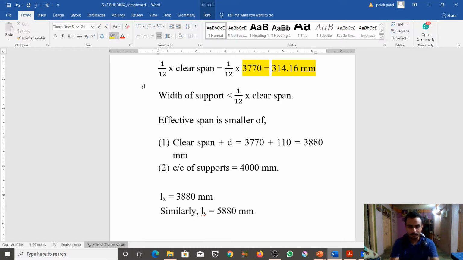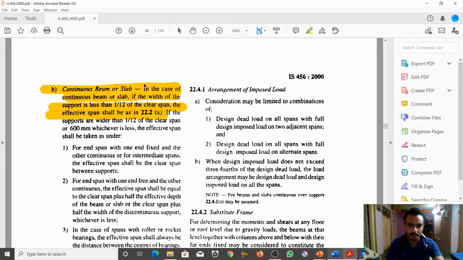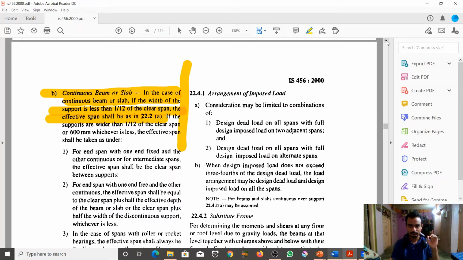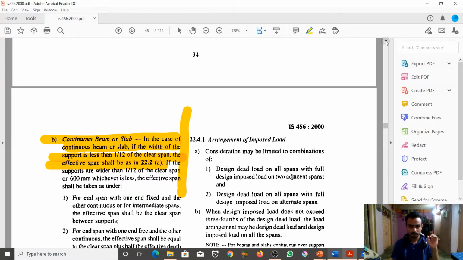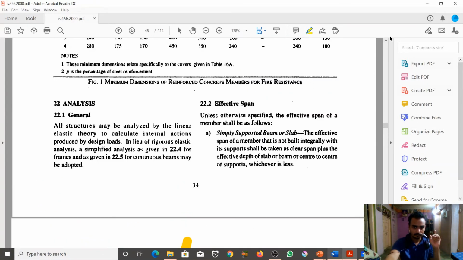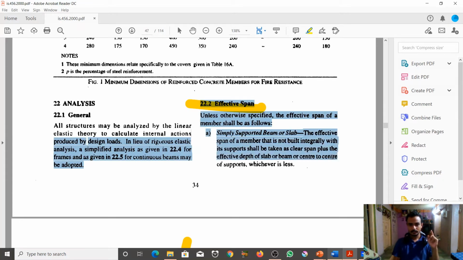So we have to follow IS code 22.2a here.